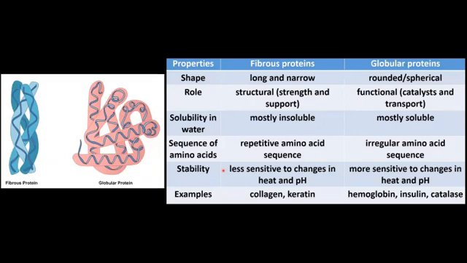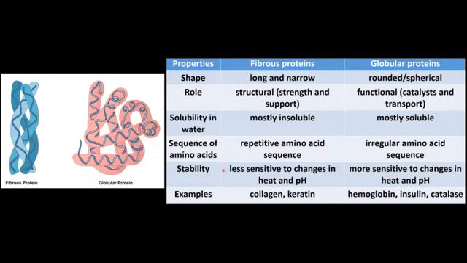For their role, fibrous proteins are structural, for covering and protection, while globular proteins serve as a means of transportation. For solubility in water, fibrous proteins are insoluble, while globular proteins are soluble in water.